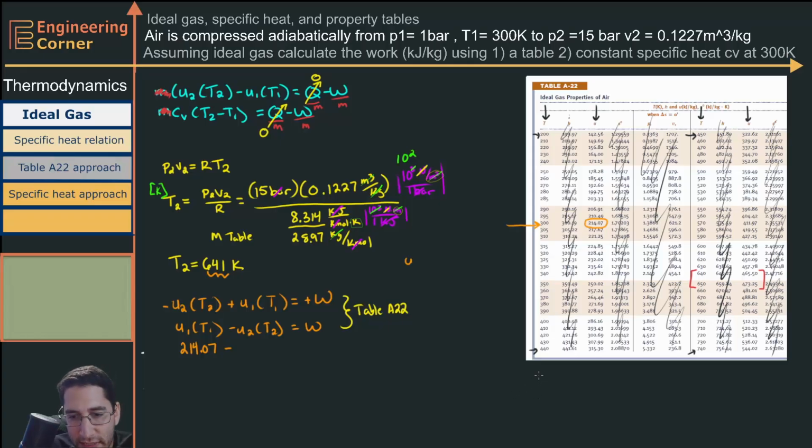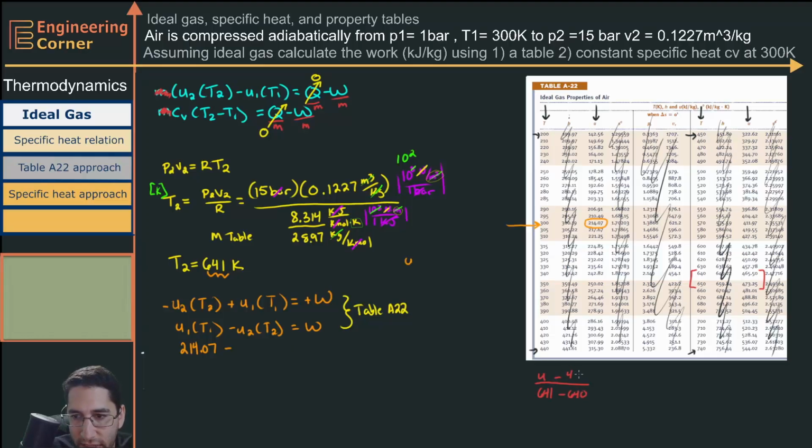So we're interested in our internal energy, U, at 641 Kelvin. Okay, now our two entries, our low entry is 640, so we're going to look at that.